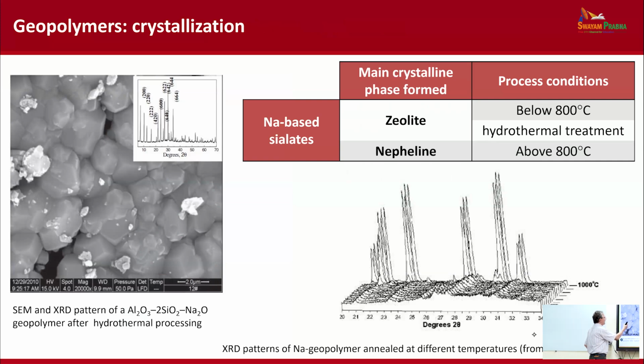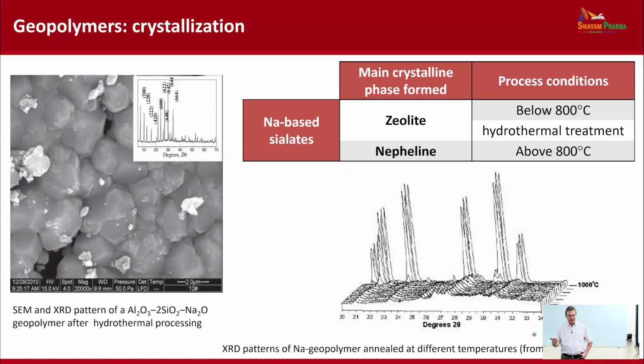if you take a geopolymer block and you start heating it up, it doesn't disgregate like it would happen for Portland cement. It simply becomes a dense ceramic. And for sodium system above 800 degrees, you start crystallizing nepheline, which is a sodium silicate.